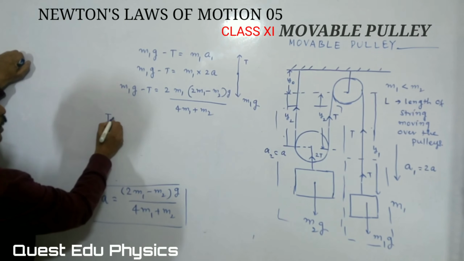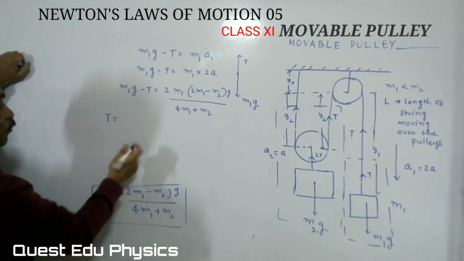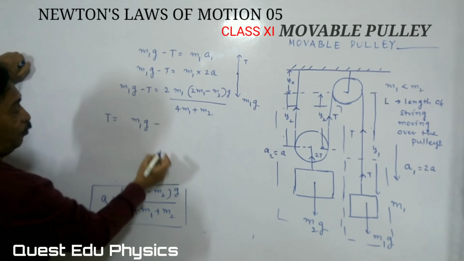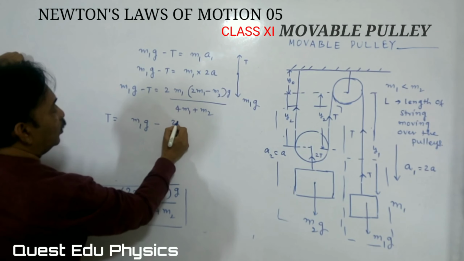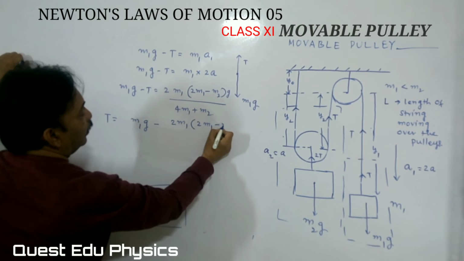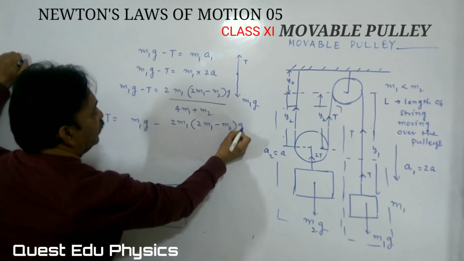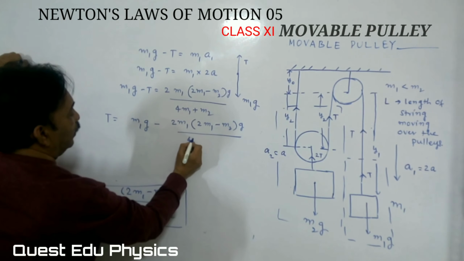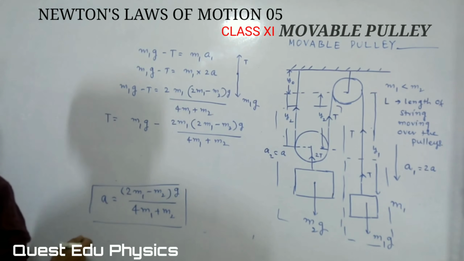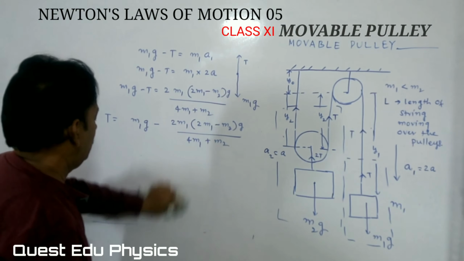Then T can be written as M1G minus 2M1 of 2M1 minus M2 of G by 4M1 plus M2. Okay, students?